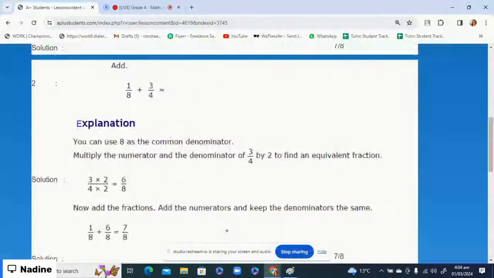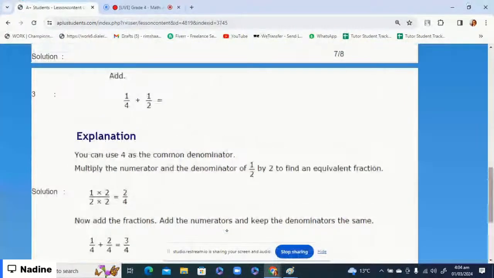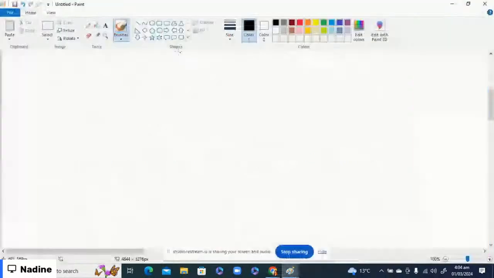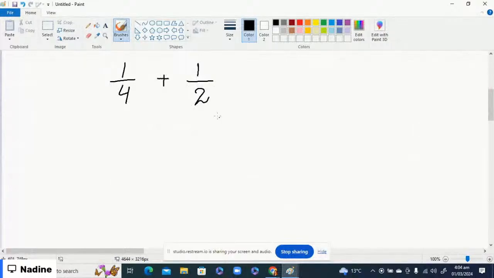1 over 4 plus 1 over 2. Let's do this one. Now let's check which has the smallest denominator, 4 or 2. Yes, 2.